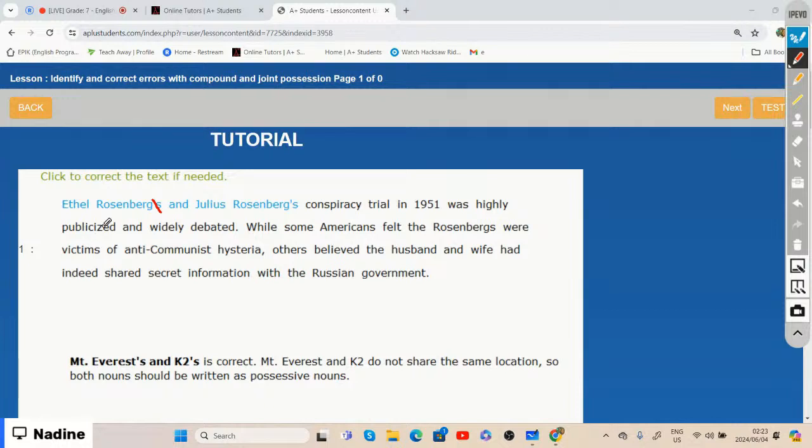So we will say Ethel Rosenberg and Julius Rosenberg's conspiracy trial. So only one apostrophe.